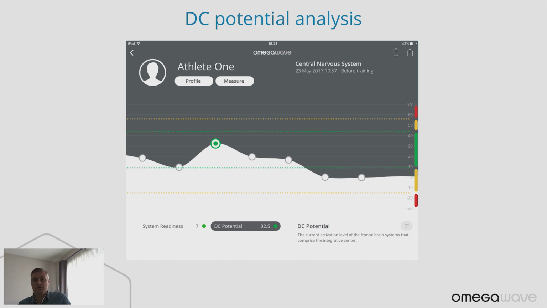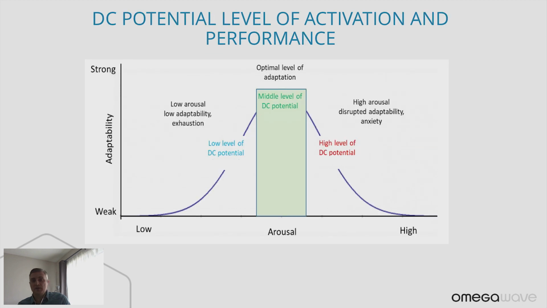But both of those, of course, are part of DC potential. That allowed us to analyze multiple responses of the body, in particular, the central nervous system response, basically level of hyperactivity in the nervous system in response to physical or mental activity, or level of hypoactivity.